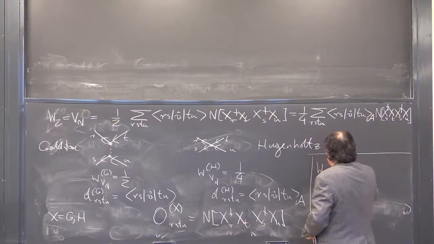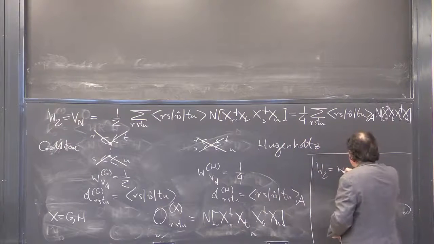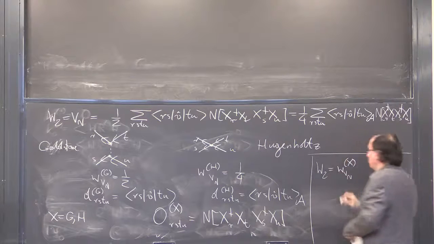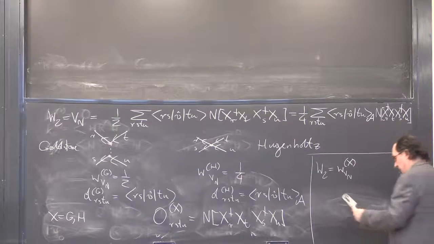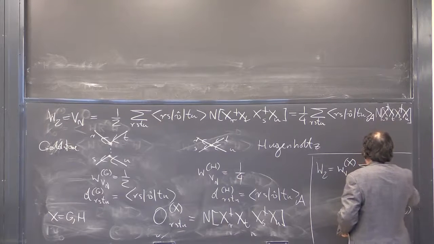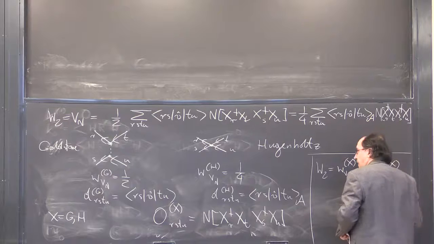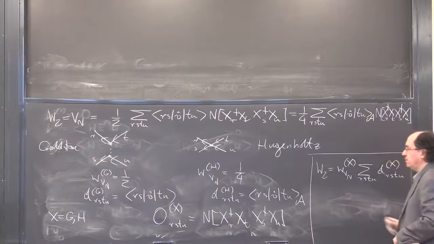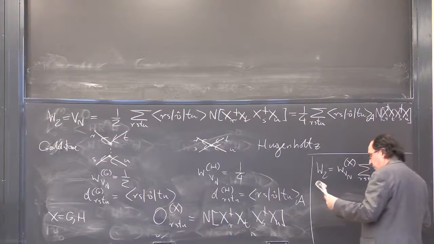Then we have the weight. In Goldstone or Hugenholtz representation, I'm going to use this symbol X, which can be G or H. Then we're summing over indices R, S, T, U. We have a scalar part, which of course depends on the representation, because we have non-symmetrical or anti-symmetrized matrix elements.